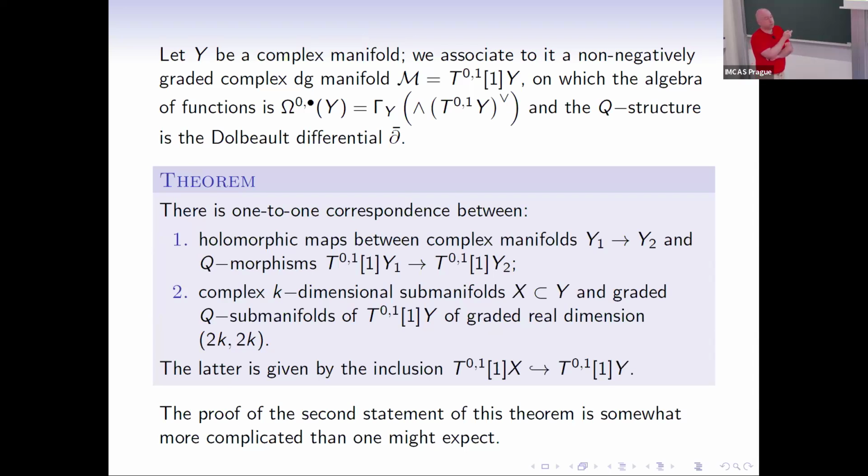It's actually the easiest part, more or less straightforward. But what is less straightforward is that DG submanifolds of real dimension 2k|2k are in one-to-one correspondence with complex analytic submanifolds of Y. For me it was not completely obvious how to prove this, because the previous simple way does not work.